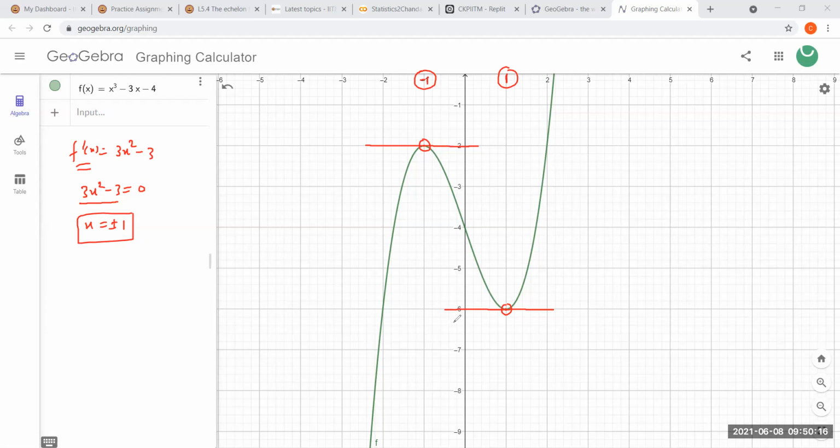Sir, if we equate to any number, so we will get the values of x for that slope. No? Values of x for that slope.